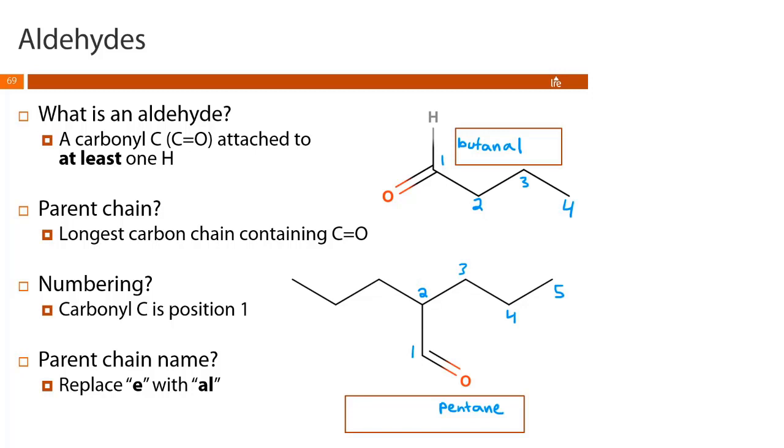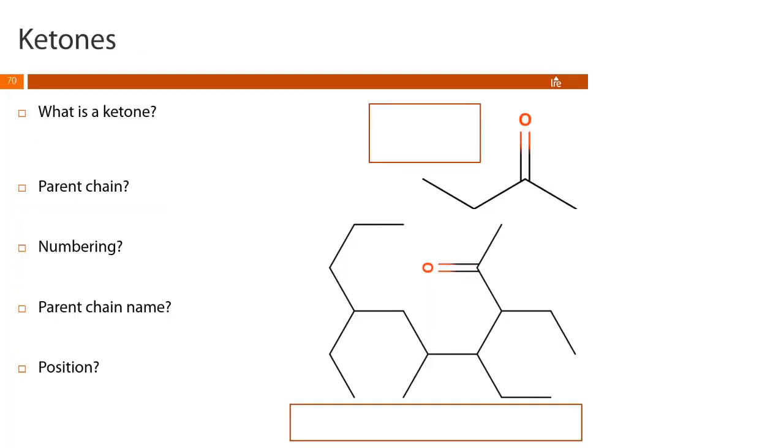We're going to drop the E and replace it with al. And it looks like we have a 3-carbon substituent. So that would be a propyl group. And our propyl group is attached to position 2. So the final IUPAC name for this molecule is 2-propylpentanal.